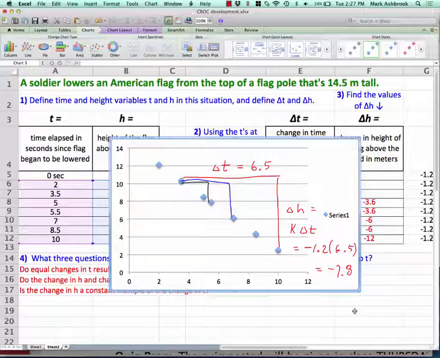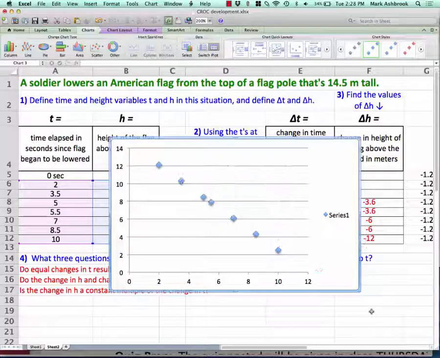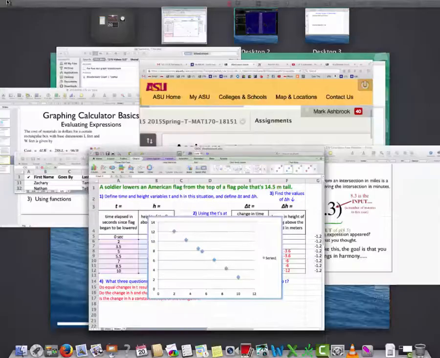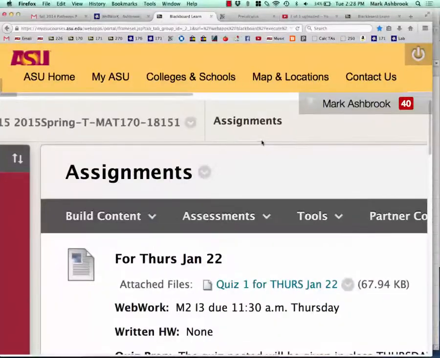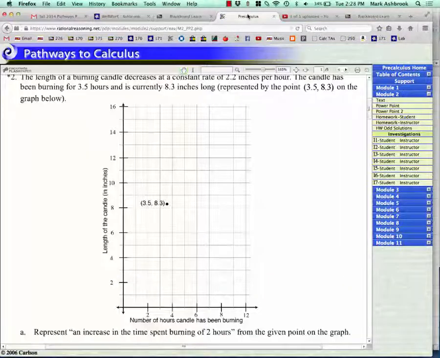Questions on that? Okay, so open up your workbook to page 35. Does it look like this? It says the length of a burning candle decreases at a constant rate of 2.2 inches per hour.